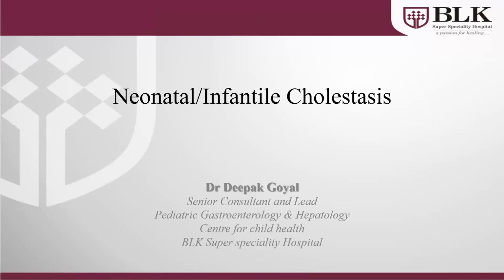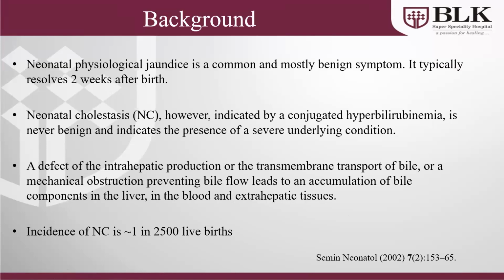We will be discussing neonatal or infantile cholestasis, the causes and etiology, how to approach a case of neonatal cholestasis, and the salient features and points pertaining to its management. Jaundice in neonates can be unconjugated or conjugated. Conjugated jaundice is also known as neonatal cholestasis.